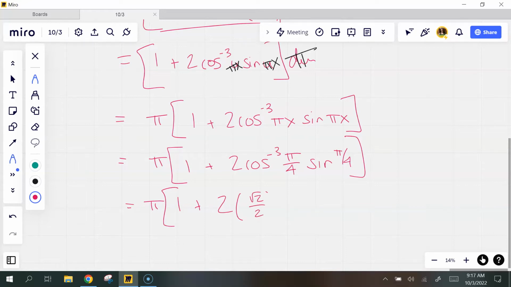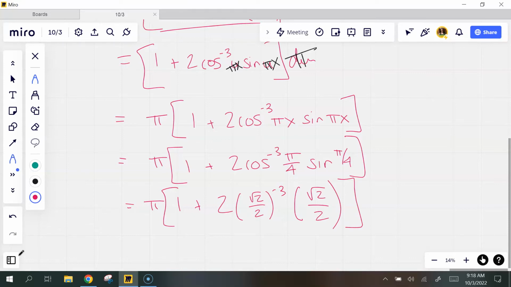Root 2 over 2. It is to the negative third power, though. You look for pi over 4 and then the sine and the cosine of your x and your y value.